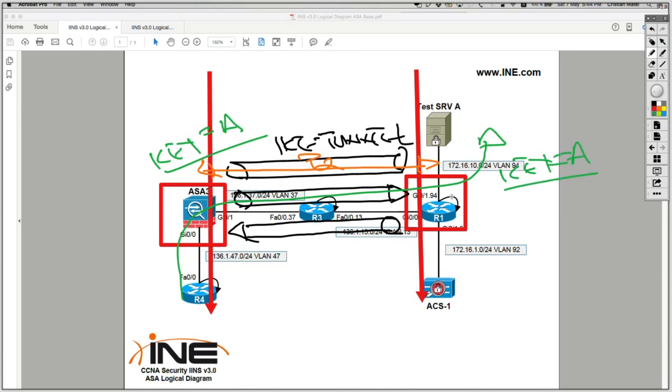Now when traffic flows the other way around, from server A to router 4, which means traffic goes in the other IPsec tunnel, router 1 is going to use key B to encrypt that traffic, which means ASA 3 is going to use key B to decrypt the traffic.